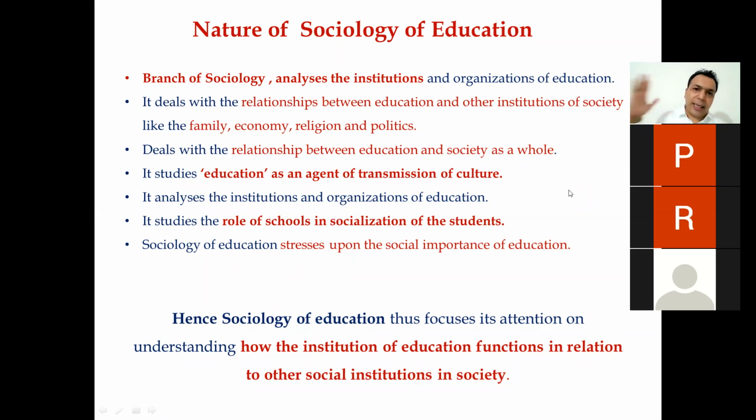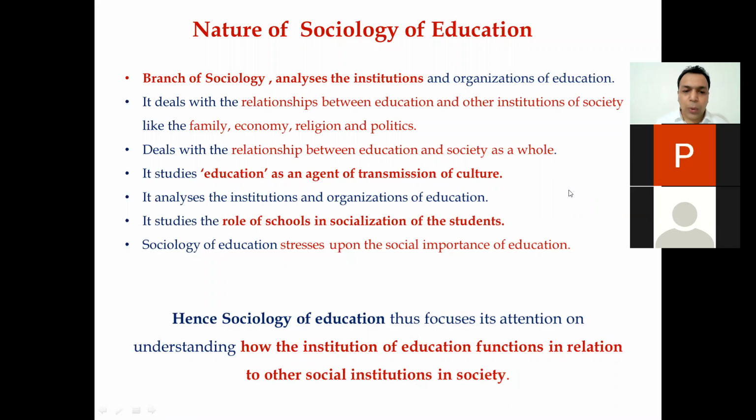Right, guys? Now we conclude. Hence, sociology of education focuses its attention on understanding how institutions of education function in relation to other institutions in society. In the starting I have elaborated that, and under the nature of sociology of education, all these points are given, right, guys?